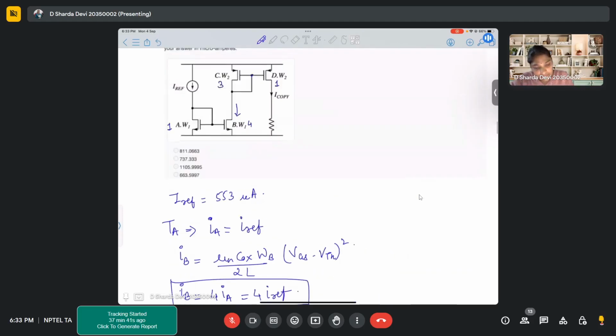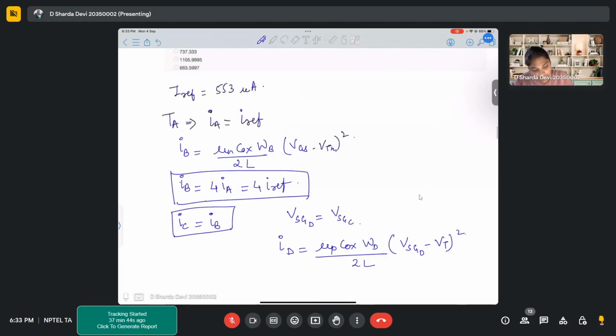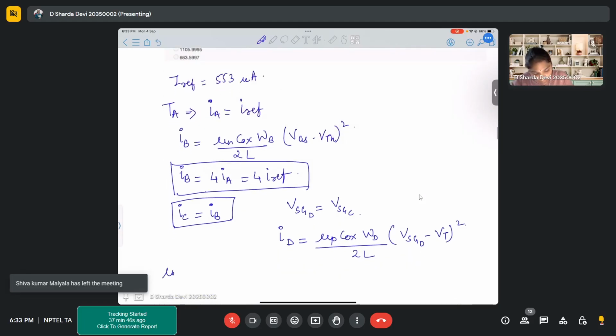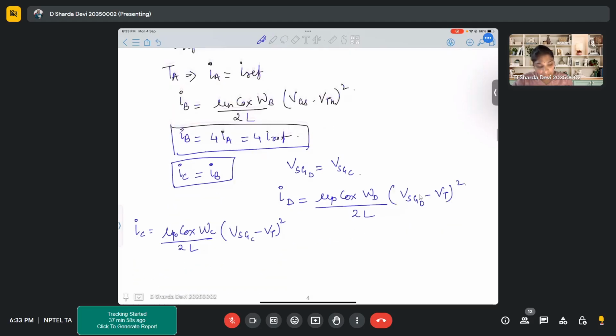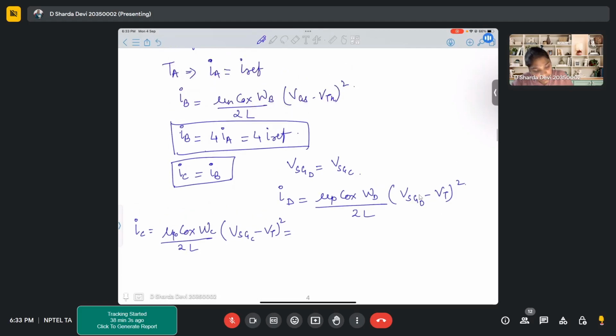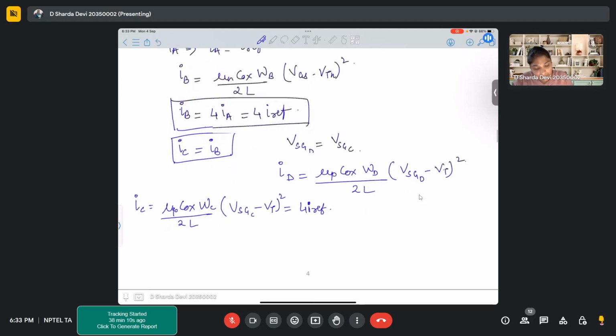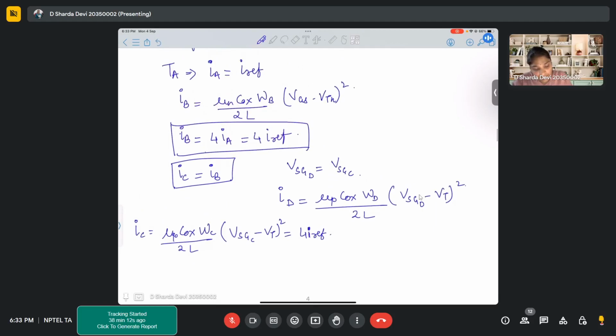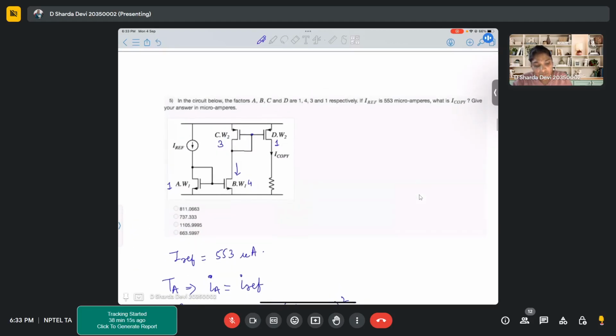The current that is flowing through transistor C is IC, which is mu P Cox WC by 2L (VSGC minus VT) whole square. We know this current is equal to IB, which is 4 times IREF. And we also know that this WC is 3 times of W, right?